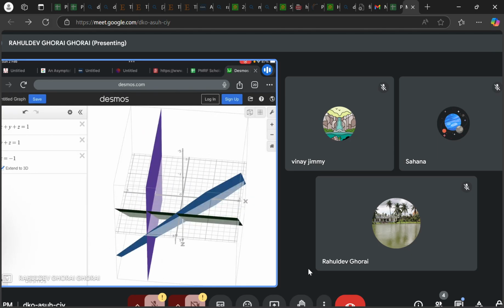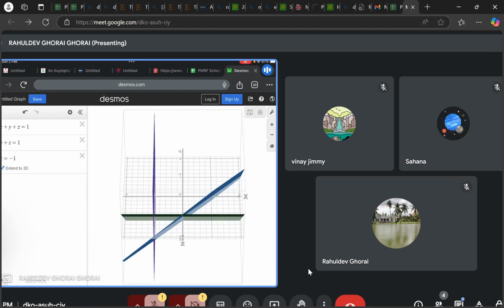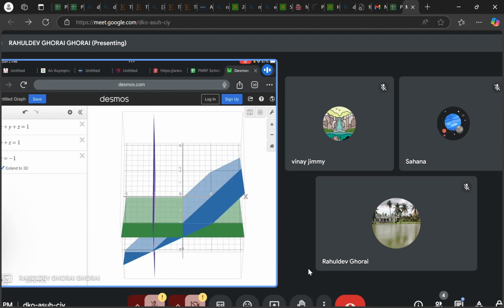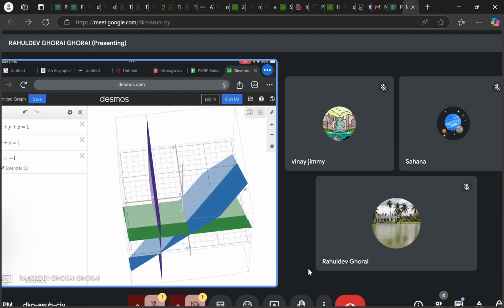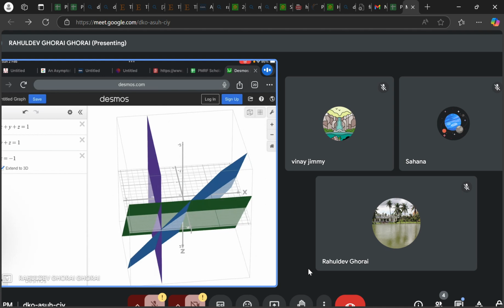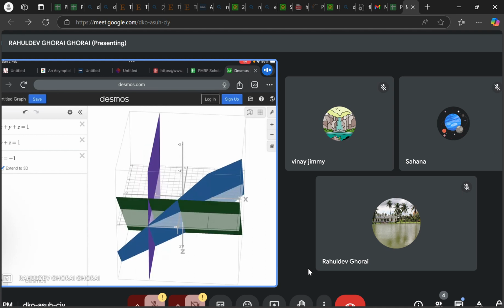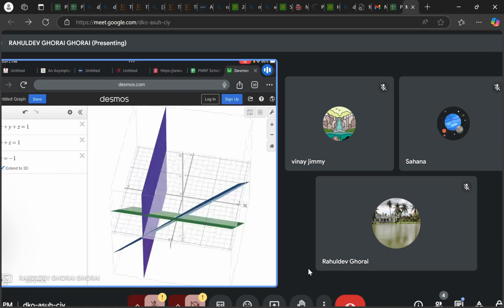So if you are given to find the integration over the intersection of these three, x plus y plus z equal to 1, the area bounded by y plus z equal to 1 and x equal to minus 1, then you can do it over these three planes separately, and that's how you can do it, right?